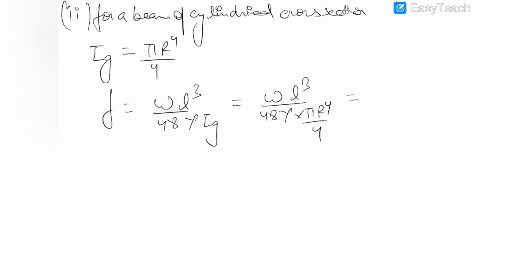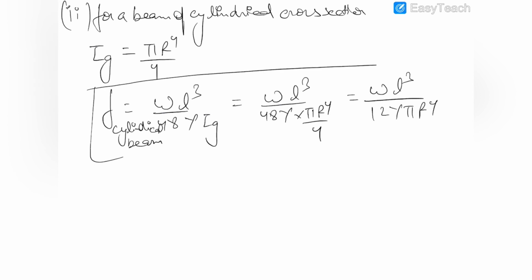So it would be equal to W L cube divided by 12 gamma into pi r to the power 4. This is for a cylindrical beam. So this is the depression produced in the beam.